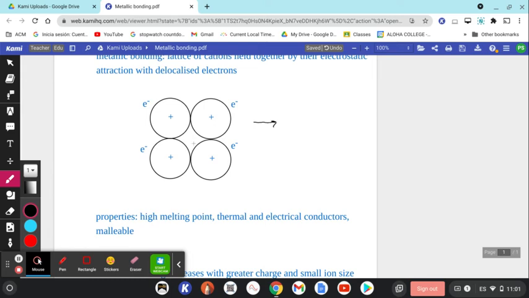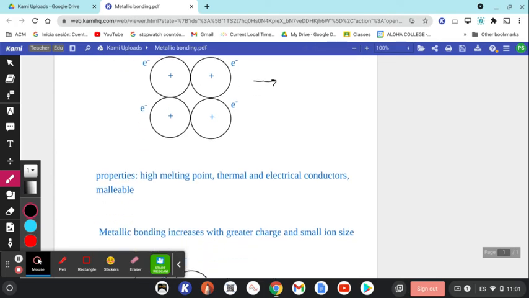Okay? Now, often you will be asked about trends in metallic bonding and the strength. Now, metallic bonding increases with greater charge. So, for example, if you compare the melting point of sodium, which has a charge of +1, and magnesium, charge of +2, magnesium will have a higher melting point.